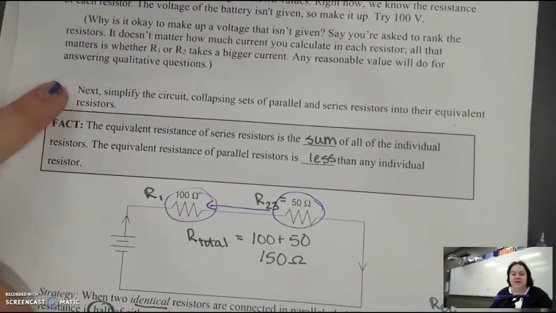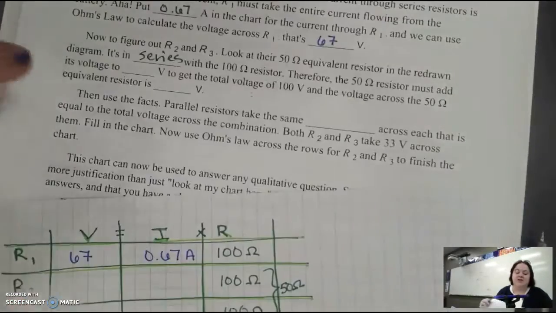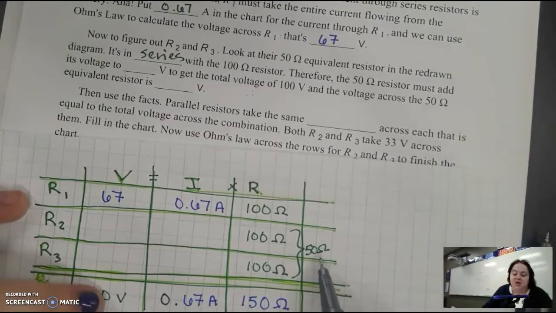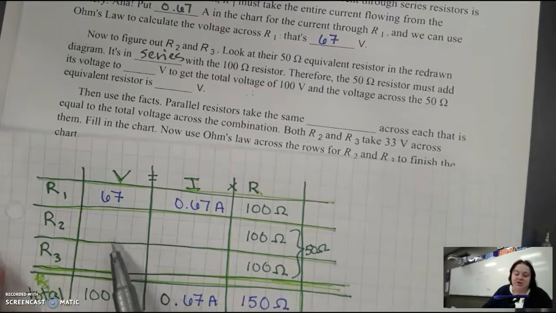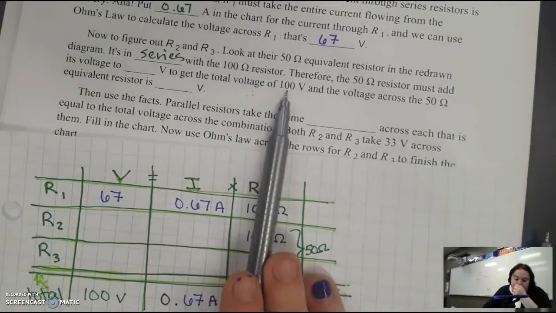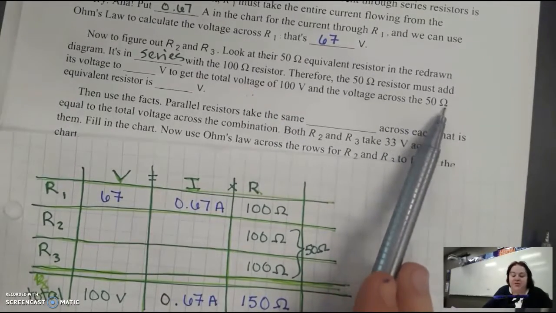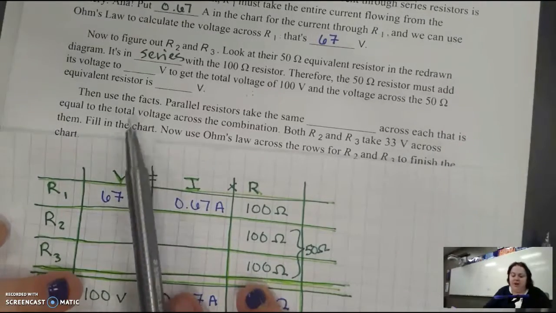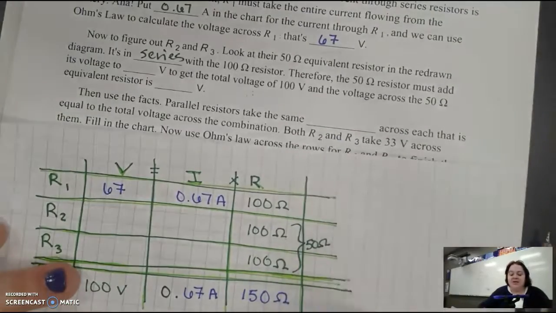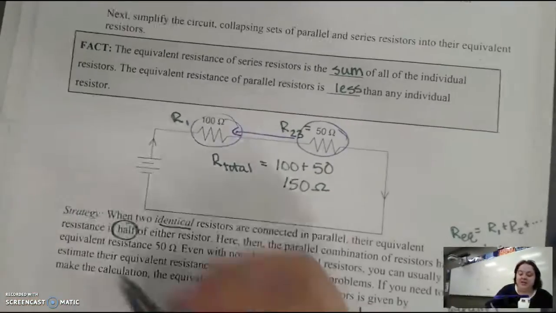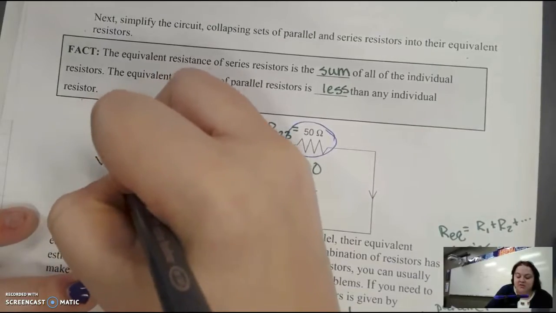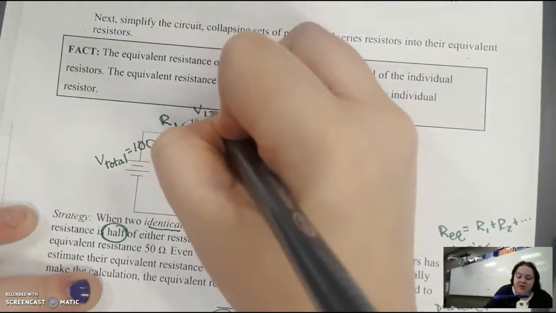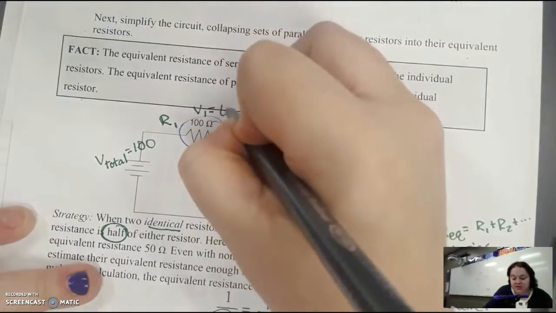Doesn't have a choice, so they're in series with each other. Therefore, that 50 ohm equivalent resistor must add its voltage to get the total voltage of 100 volts. So what it's saying is that when you treat it as if you only have two, we know that V total is 100, because that's the number we made up. We just found that V1, the voltage across resistor 1, is 67.